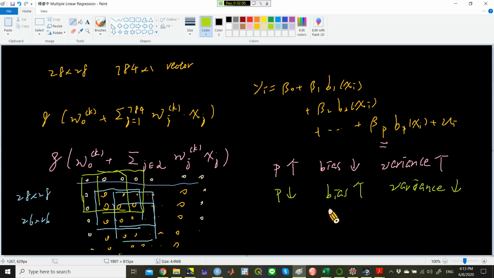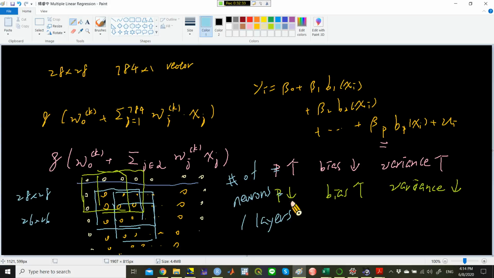And in the neural net we have the same thing. If the number of neurons or the number of layers increases, intuitively we can fit the unknown function better, so the bias will decrease, but we'll have a larger variance.